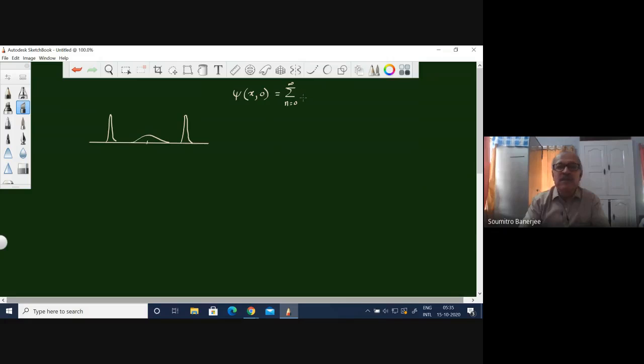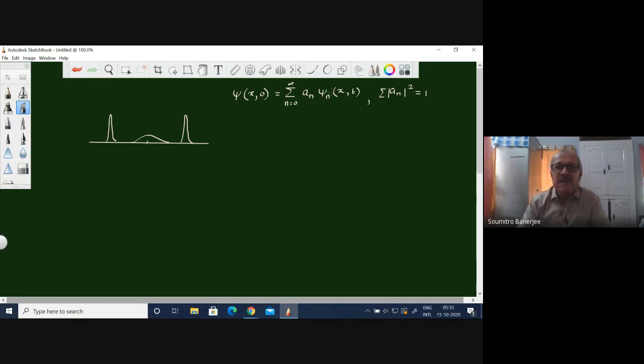There will be coefficients, say a n, and the different psi eigenfunctions as they evolve, okay? And it will be necessary that the sum of a n mod square should be equal to 1. That is the normalization necessity.